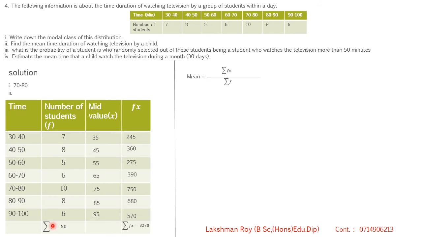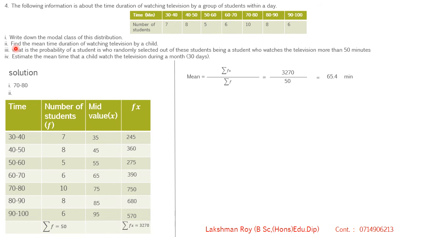Here sigma fx is 3270, and that should be divided by sigma f, which is 50. In long division, you get 65.4. That is actually in minutes.